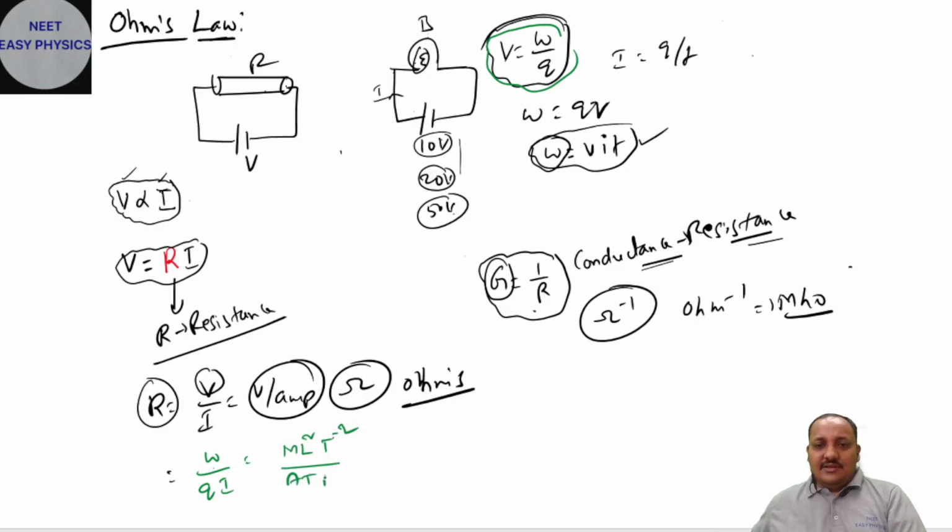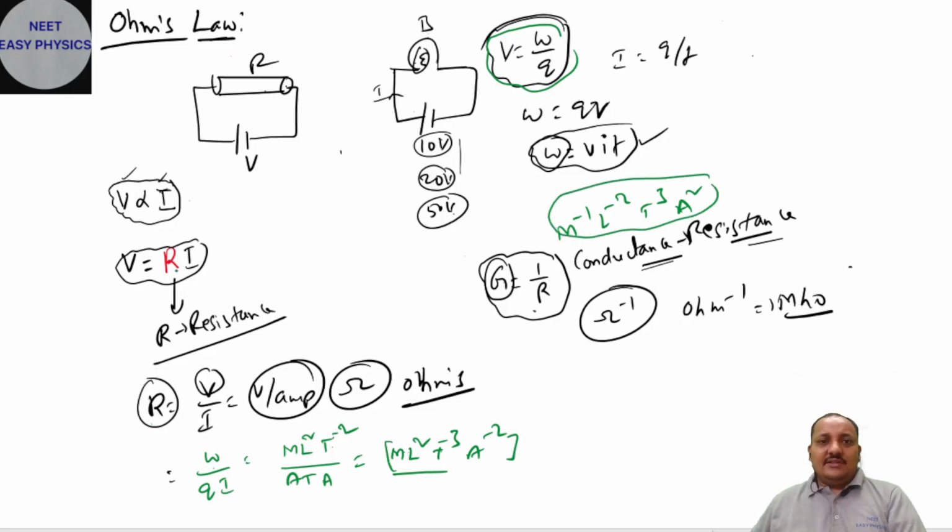Charge is A T, with current A. So we get M L square T power minus 3 A power minus 1 for resistance. For conductance, you have to reverse this: M power minus 1, L power minus 2, T cube A square. This is the dimensional formula of conductance.